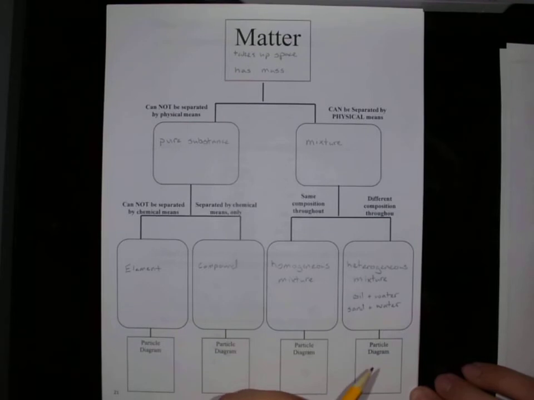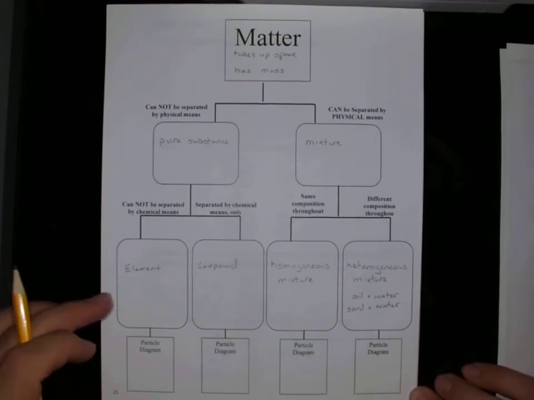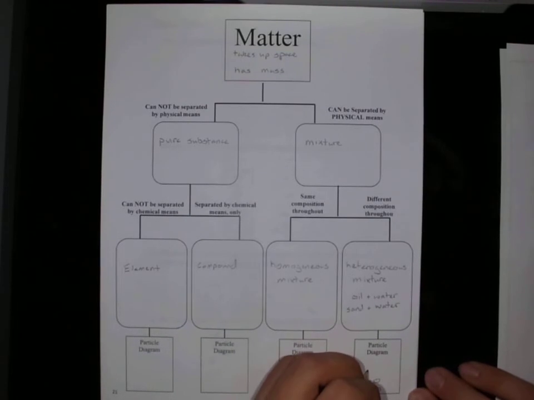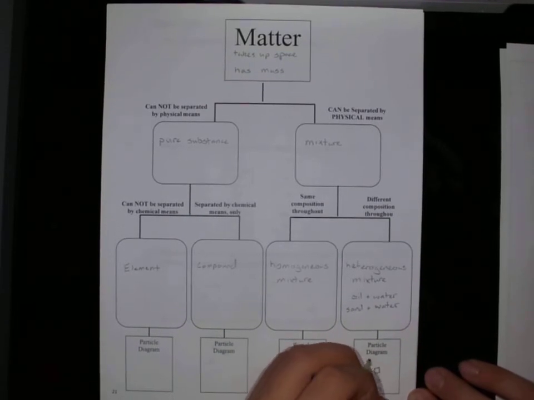Particle diagrams are a visual way to symbolize our pieces of matter. Okay? So a particle diagram may be like this, where we've got circles on the bottom, and squares up on top.